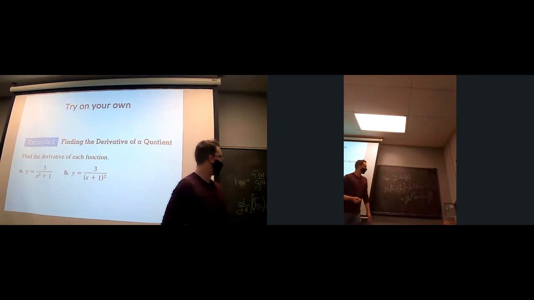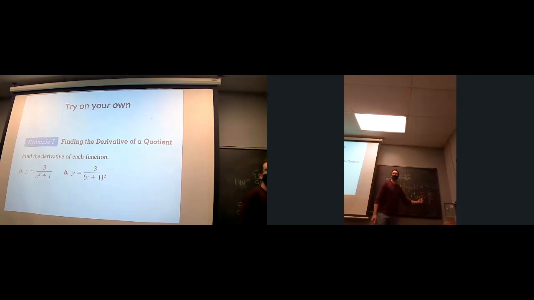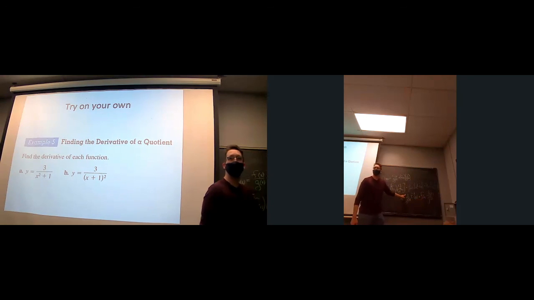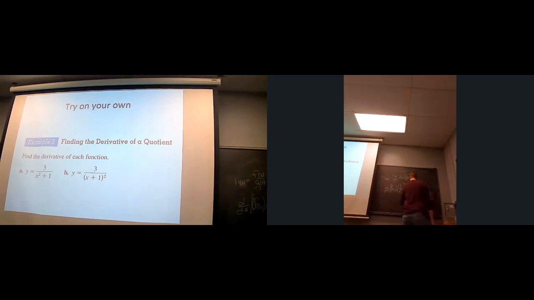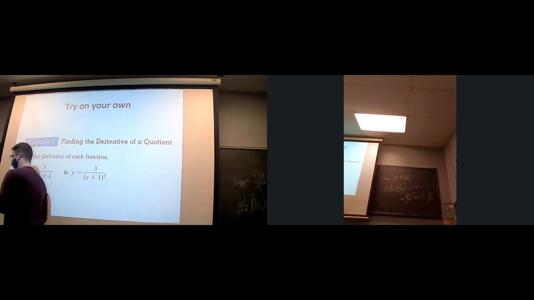Now, in order to be able to add these together under one fraction, we need to multiply this by g of x over g of x. Agreed? Yeah. So when we do that, we get g of x over g of x squared, and the rest is just algebra, straight arithmetic.